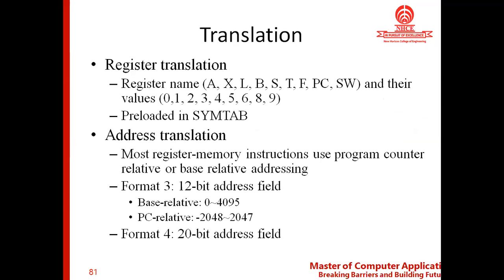This information will be stored in the symbol table. So when you are referring to the registers, instead of using the register names, you can refer to them by means of the numbers also. And for format 3, what the value of the base register is and what the value of PC is, we have already discussed.